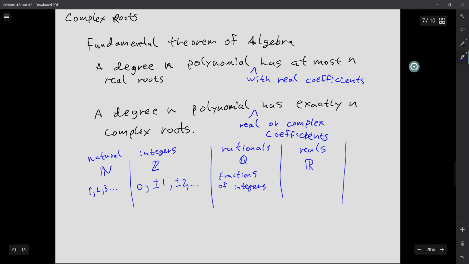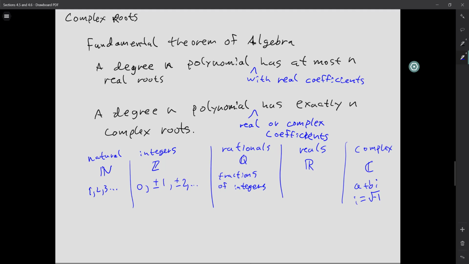And then beyond that, we have complex or fake numbers. So this is a plus bi, where i equals the square root of -1. So if you remember, we can't take the square root of negatives because they're not real numbers. There is no real number answer that is the square root of a negative number. So they're fake numbers. They're imaginary.